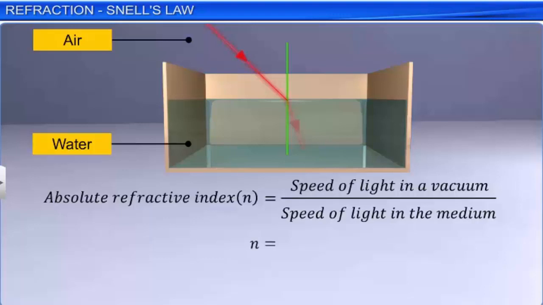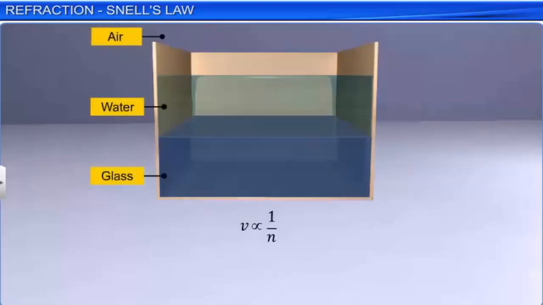For example, the refractive index of water nw is 1.33 and that of glass ng is 1.52. Since the refractive index of glass is more than that of water, the speed of light in glass is less than the speed of light in water. If the refractive index of a medium is greater than that of another medium, then the first medium is said to be optically denser than the second medium.